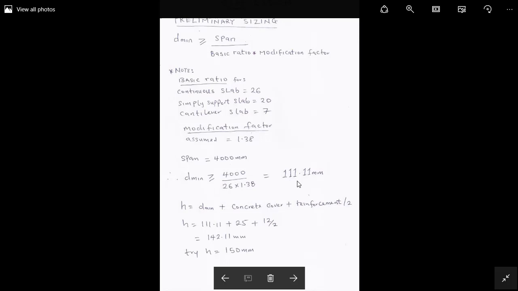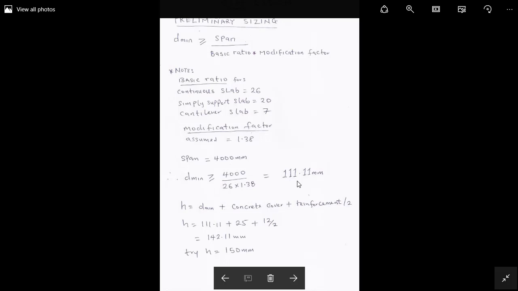So in order for us to estimate the depth, the total thickness of our slab, H, will now be the minimum plus our concrete cover, plus half of the reinforcement that we'll be using, because the effective depth is taken from the top of our element to the midpoint of our bars.